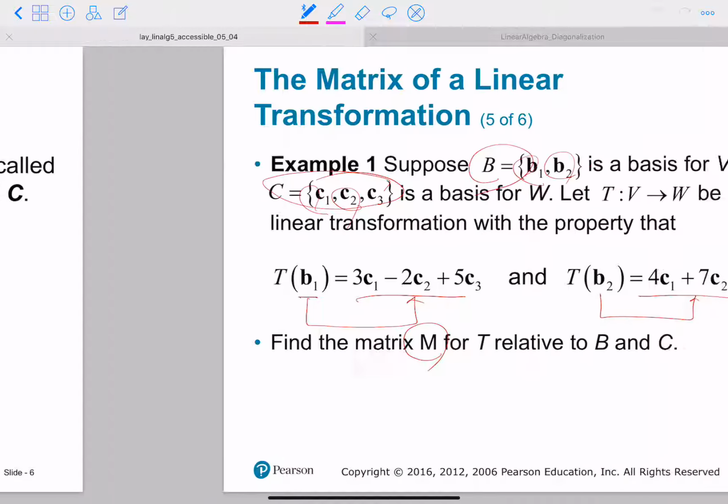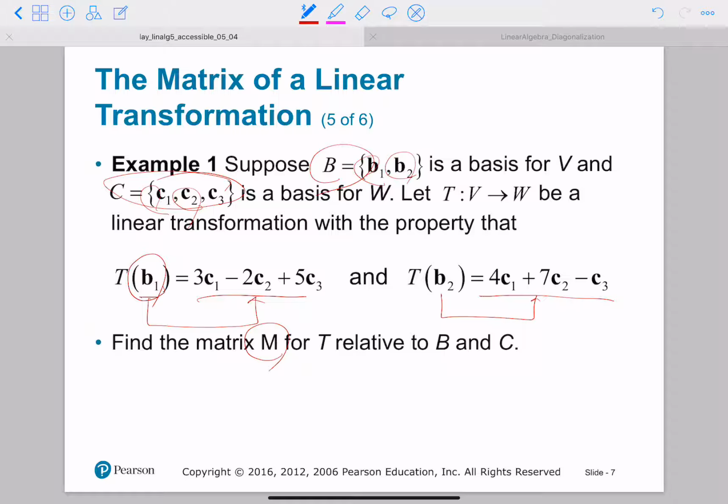Okay? So in this case, when taking B1 as an input, the output is 3, -2, and 5. What is the coordinate of this output vector with respect to our basis C1, C2, and C3? That is simply 3, -2, 5, right?